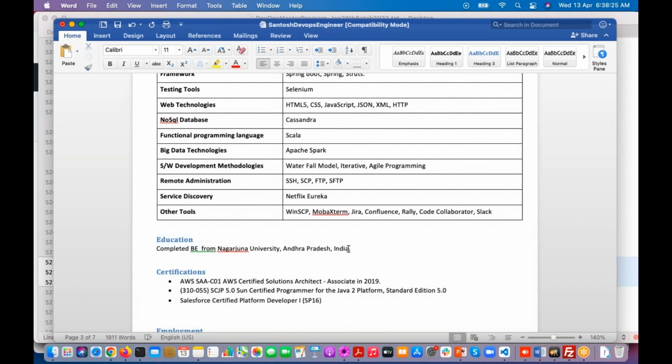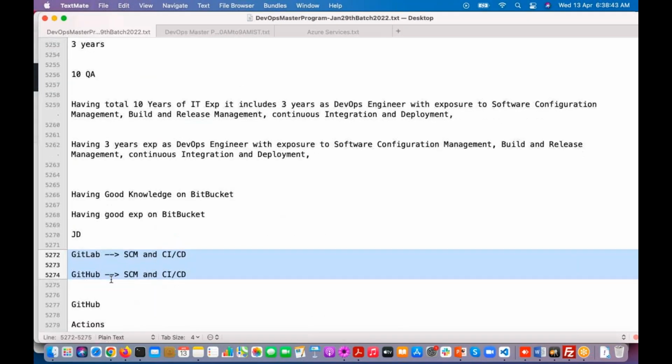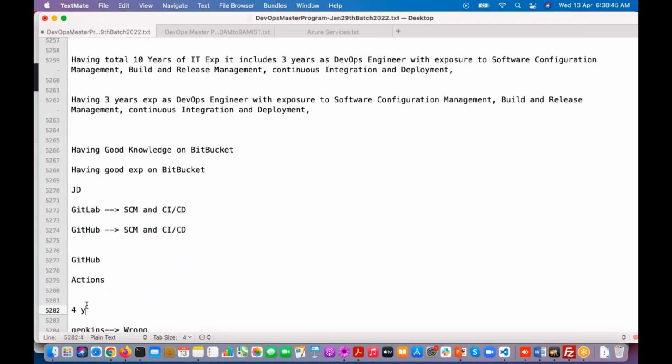Okay, so here the completed year is not mandatory. Why am I telling this? Suppose some guys completed in 2009. In 2009 they completed their engineering, and they are going to keep 4 years total experience.